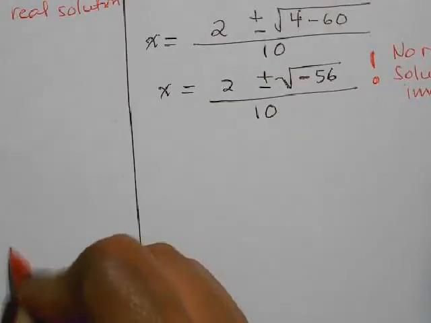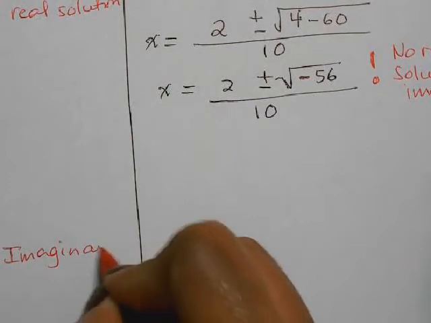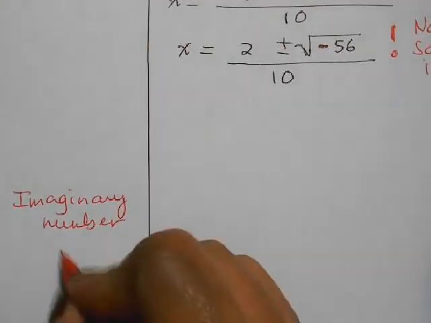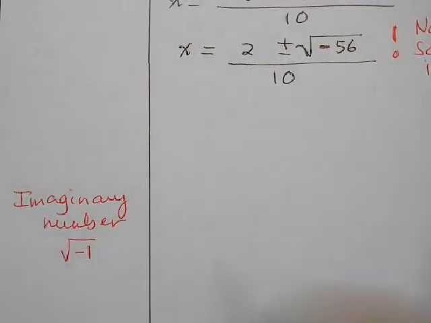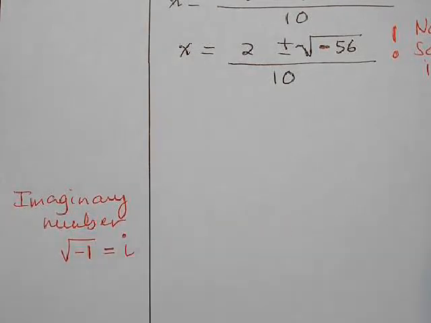Okay, so there is only one imaginary number, which is the square root of negative 1. Okay, we said that that is not real. A square root should always be positive. And in math, the symbol for the imaginary number is the small letter i.